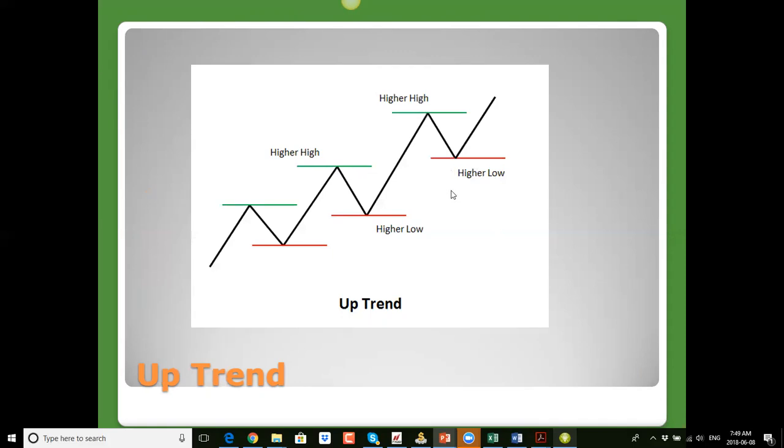It could have come over here, and that would have still been an uptrend. So again, very important to compare the highs to previous highs and lows to previous lows to identify the trend. When the price is making higher highs and higher lows, that's our uptrend. So that's our definition of uptrend.